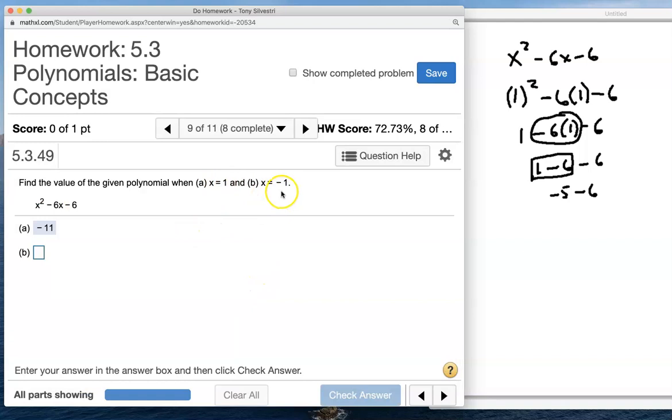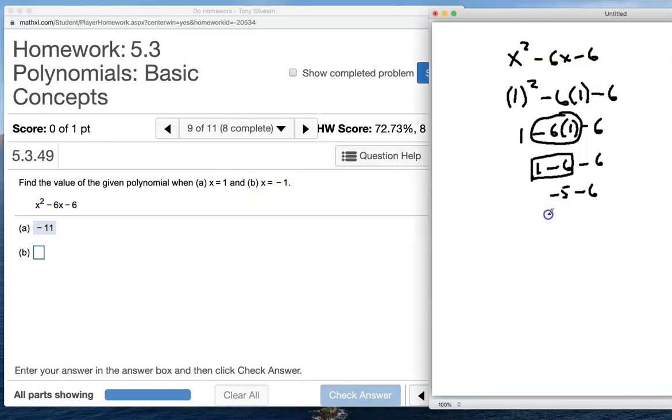Now, instead of 1, you plug into your template up here a negative 1. So everywhere you see an x, you put negative 1 in parentheses. Minus 6 times negative 1. Powers first, order of operations. Negative 1 times negative 1 is 1. Copy the rest down.